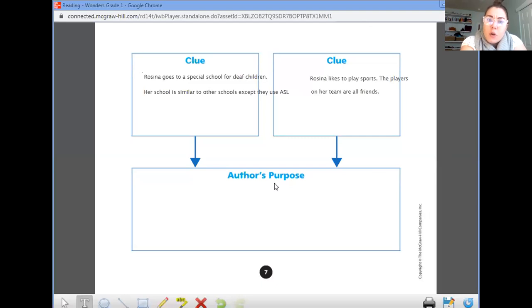What does she do when she goes home after school? So the real question, now that you've thought about what Rosina's life is like, and the real question to answer this bottom one is, what does the author want readers to learn about? Take about 10 to 20 seconds and think about it.